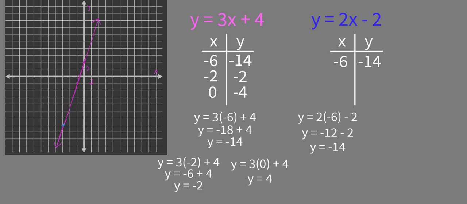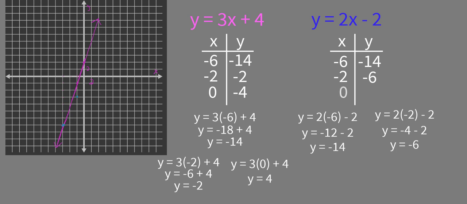We'll go ahead and finish this out, but we already know what the solution is because that's where they intersect. When x equals -2, y equals 2 times -2 minus 2, which equals -4 minus 2, which equals -6. So (-2, -6). We graph that point.